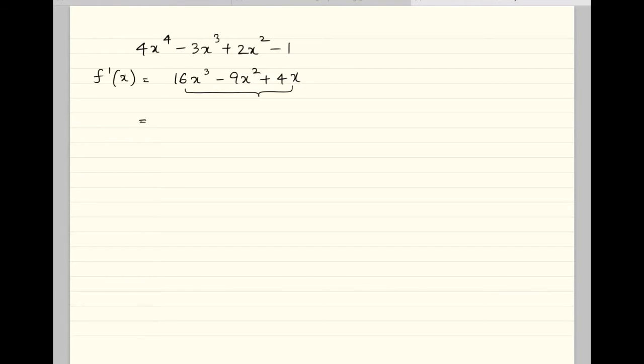You can easily take x common. You will get x times 16x square minus 9x plus 4. So you need to find the values of x at which f dash of x is 0. The slope is 0. So equate it to 0. What you will get? That implies x equal to 0 or 16x square minus 9x plus 4 equal to 0.